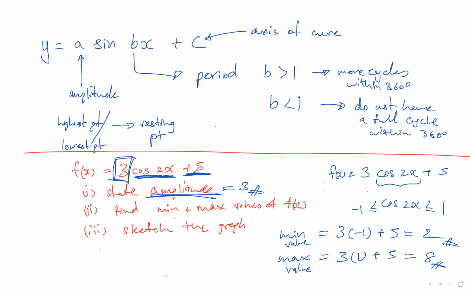Other than that, you must also take note when you draw your curve, which is part 3. This one has 2 cycles within 360. That's the meaning of it. If you have 2x, it means I will have 2 cosine waves within 360. Okay, let's draw that out.